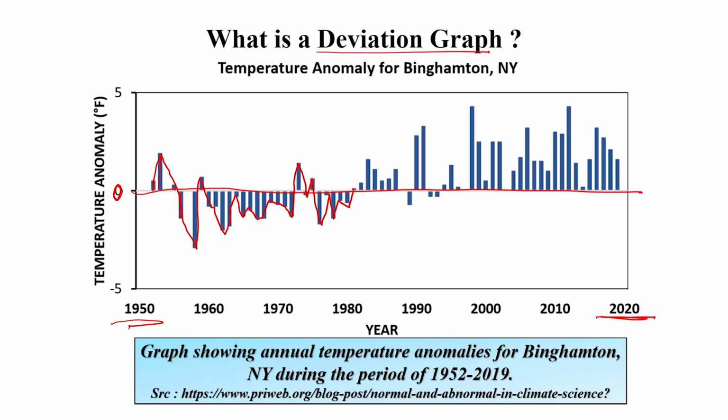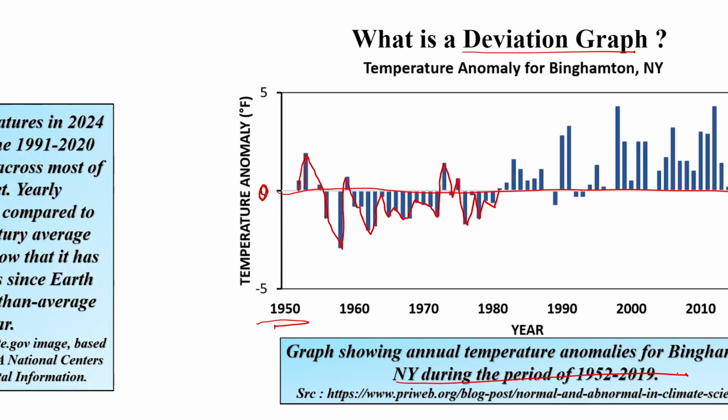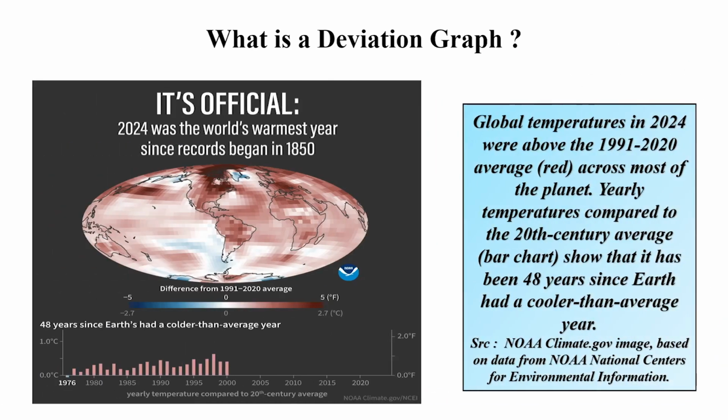This is the temperature anomaly of New York from 1952 to 1990. Here you can see a global map, which shows the difference from 1901 to 2020. The global temperature in 2024, only the year 2024, was above the average from 91 to 2020. You can see in the GIF the graph is playing, right.